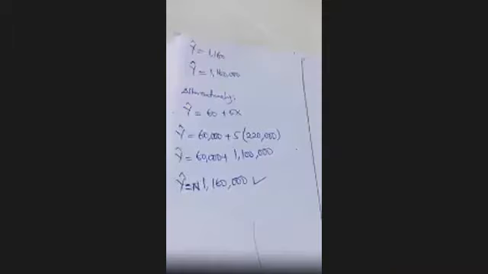Instead we're just making it 5 times. Why are we not saying 5,000 times 220? No, you cannot say 5,000. What we had from our estimation, alpha cap is 5, not 5,000. Do you understand?